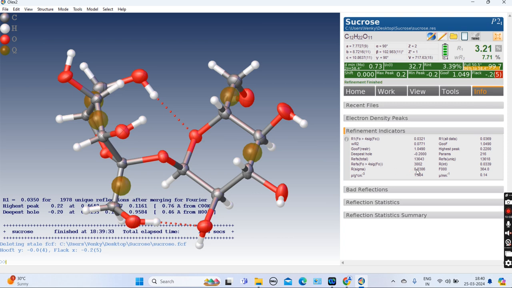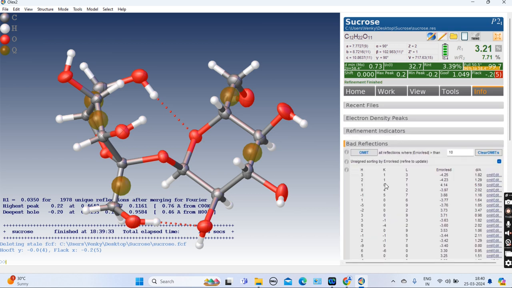Now how many reflections are above 4 I by sigma, that is 3000. Then R sigma, R1, all this information is available here. Next, any bad reflection will be indicated here, that is, where F observed and F calculated differ by more than 10%, it is considered a bad reflection.